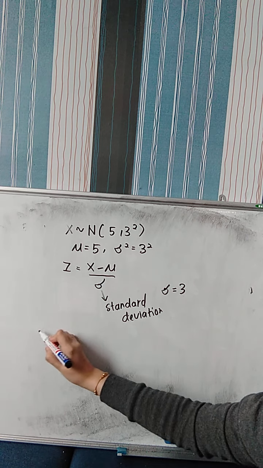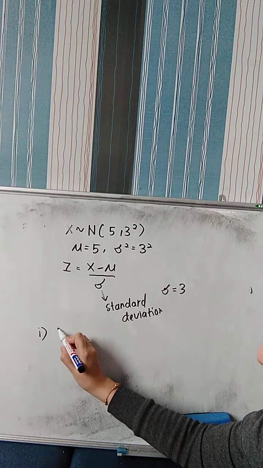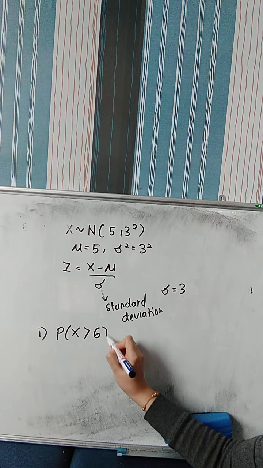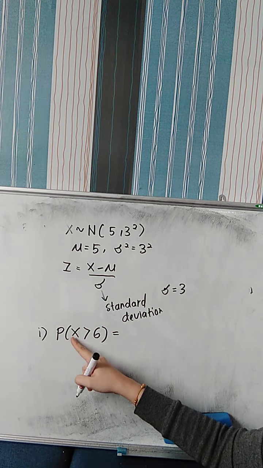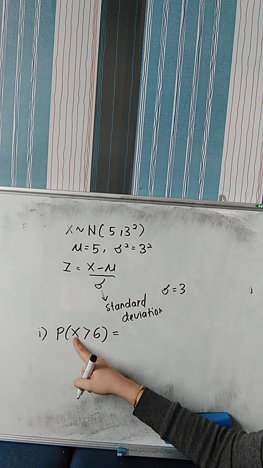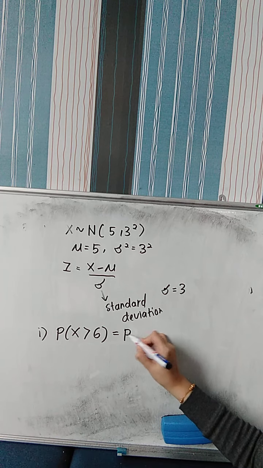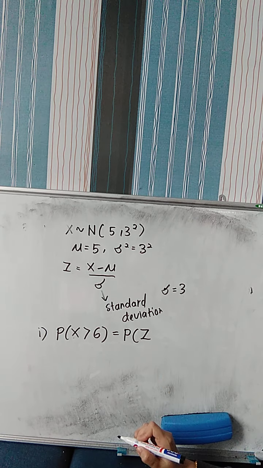Okay, let's start with number 1. Find P(X more than 6). So your X you need to convert to Z. So P(X) becomes P(Z).